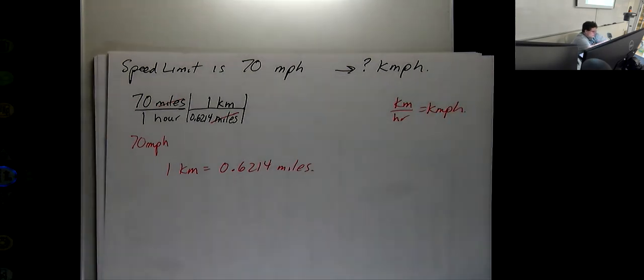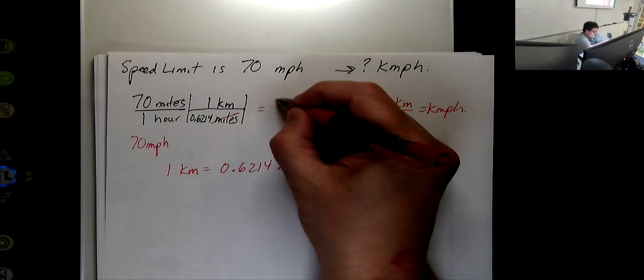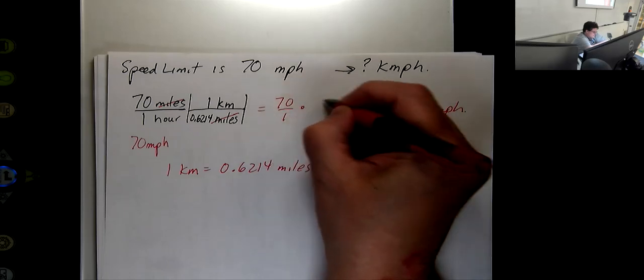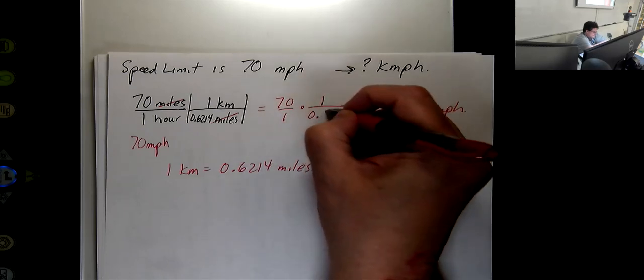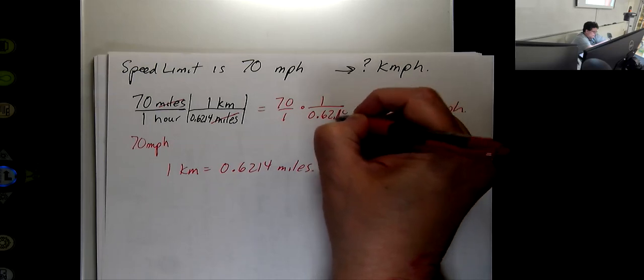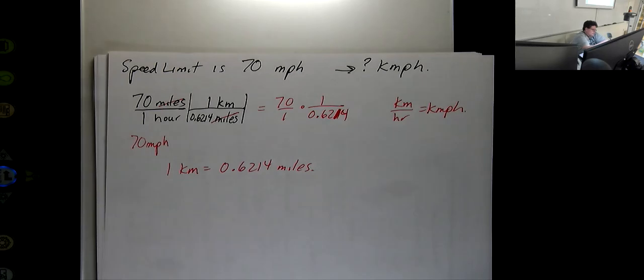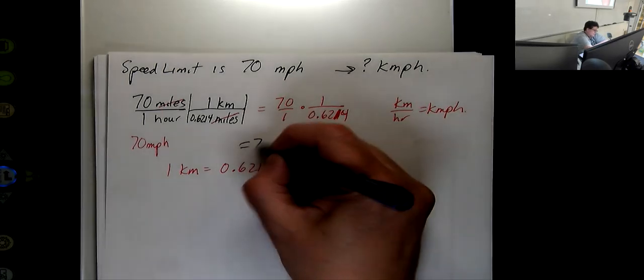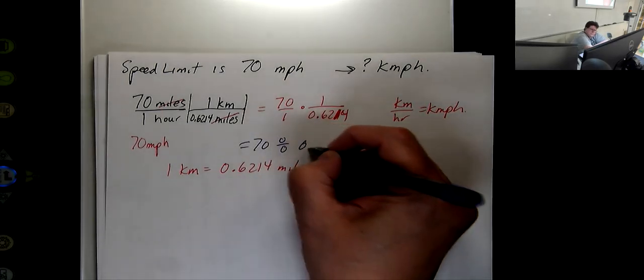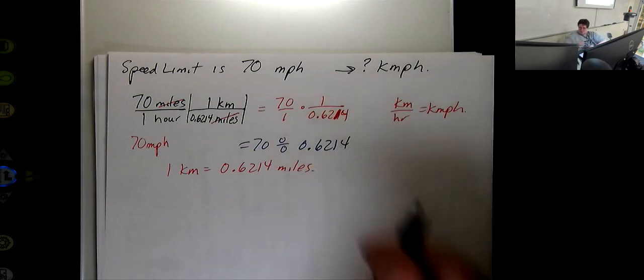Which means all I've got to do is, this is 70 over 1 times 1 over 0.6214. And numbers on the bottom become division. So this is just 70 divided by 0.6214.